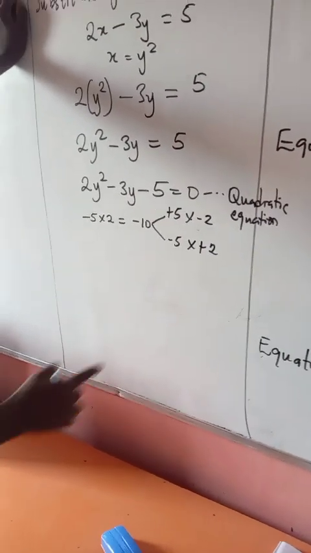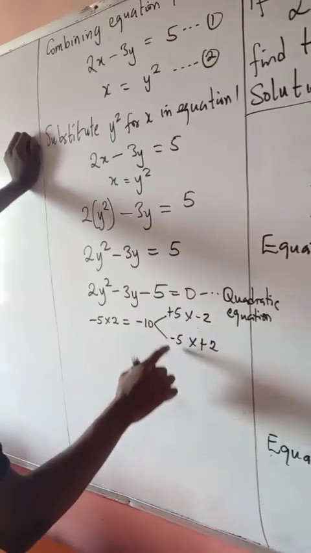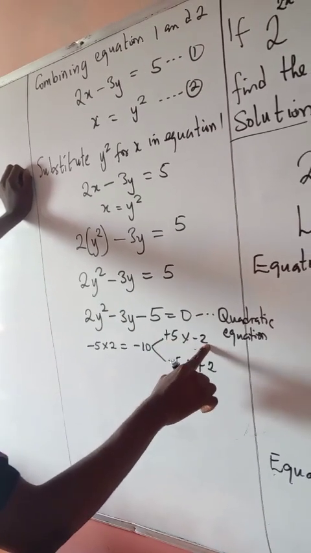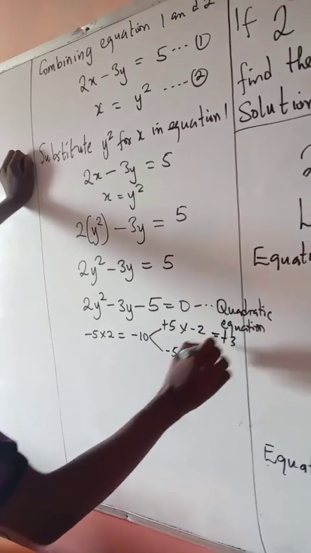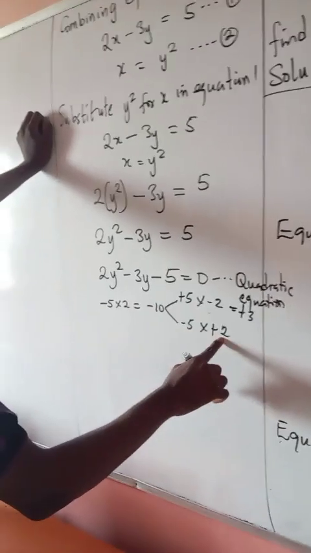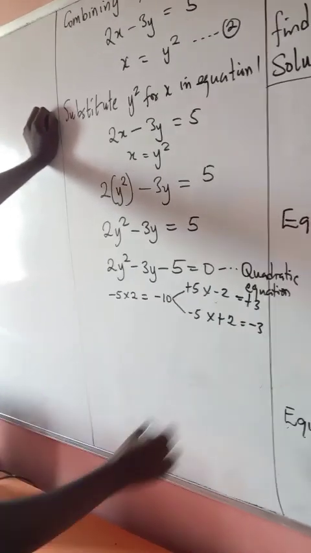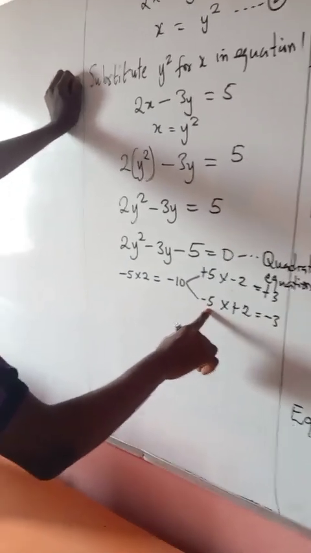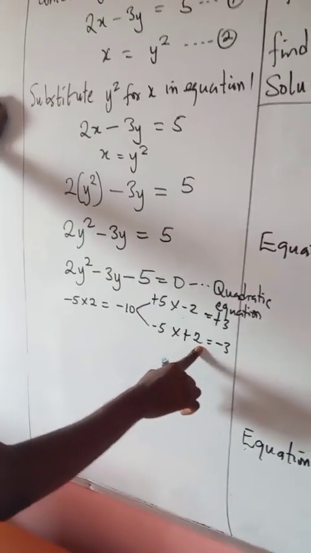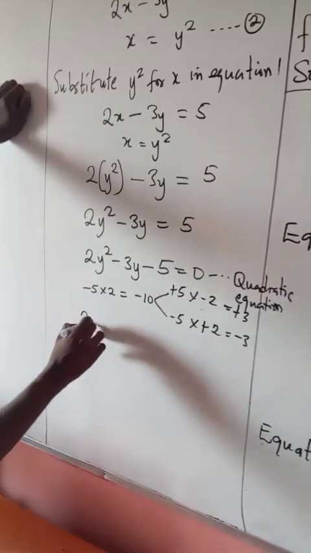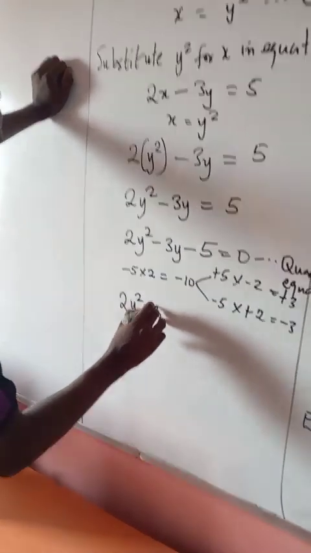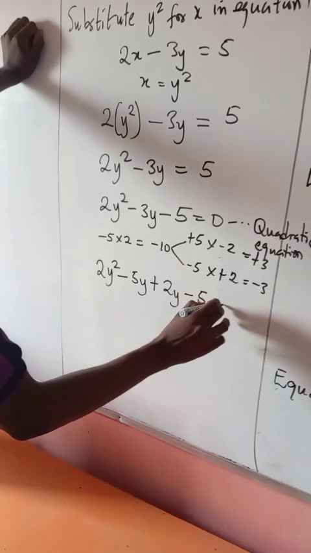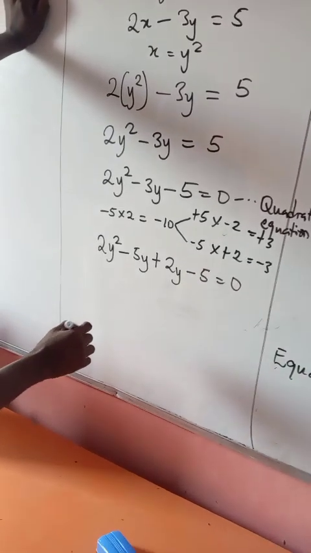I will take any of these that I can add together to give me negative 3. So plus 5 minus 2 is plus 3. Minus 5 plus 2 is negative 3. So I will replace minus 3y with minus 5y and plus 2y. So let's do that: 2y squared minus 5y plus 2y minus 5 is equal to 0.